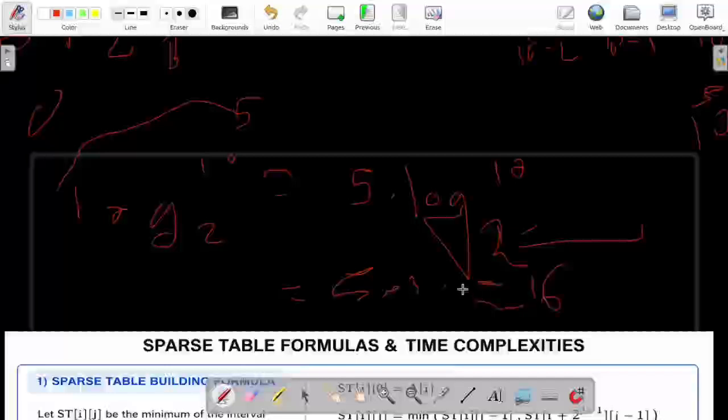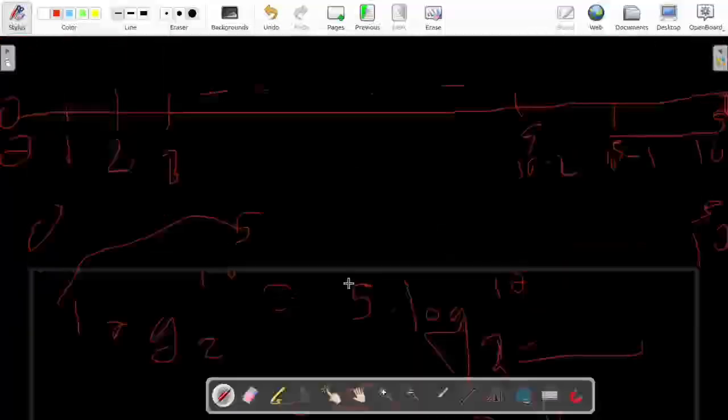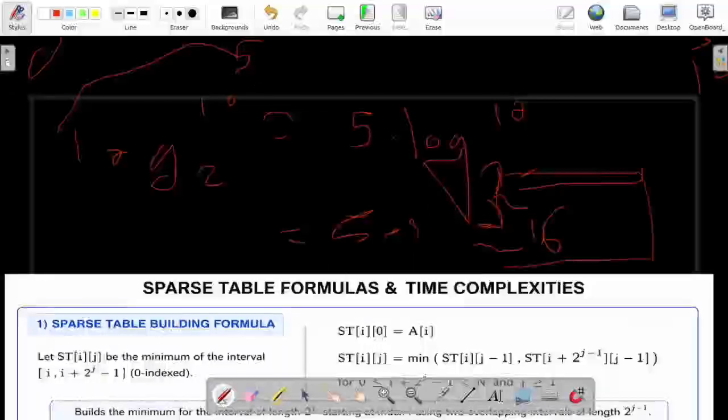Approximately, you are iterating over 16 elements. For a segment of 10 to the power 5, you need to iterate over only 16 elements, which will be the powers of 2 that come in the binary representation of 10 to the power 5.